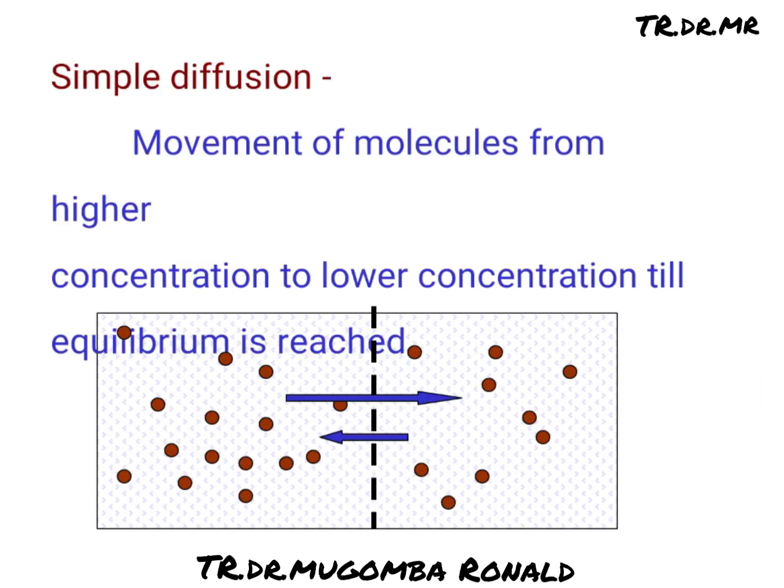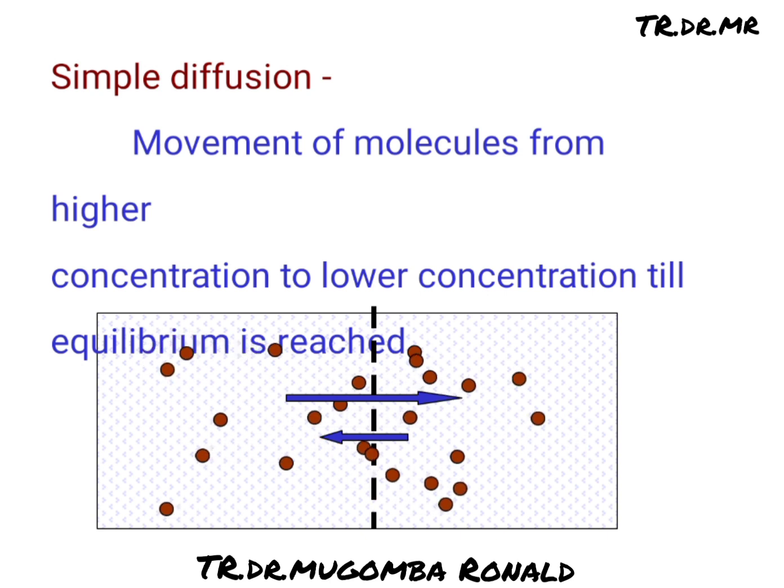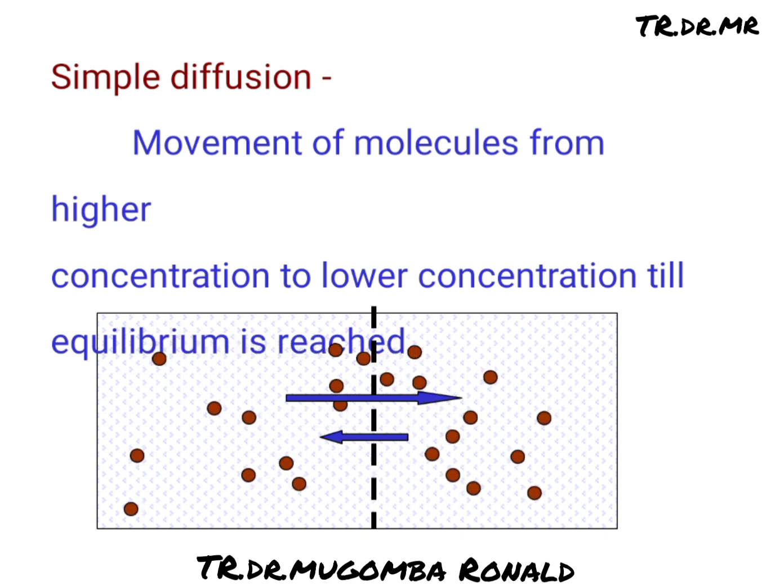Now, in simple diffusion, molecules move from a region of high concentration to a region of low concentration until equilibrium is reached. Equilibrium is reached when the concentration of the molecule that is moving is the same on either side of the membrane. Like diffusion of oxygen molecules, you can see these molecules moving until on either side of the membrane they are the same.